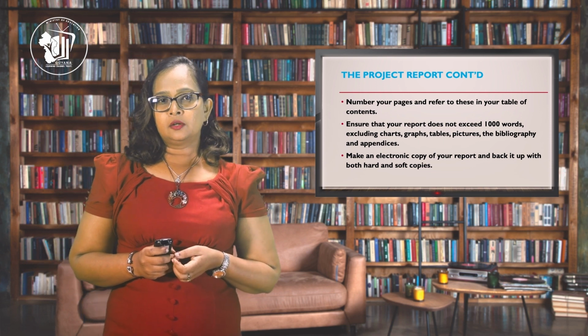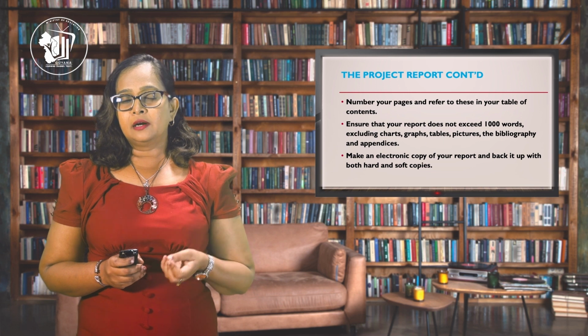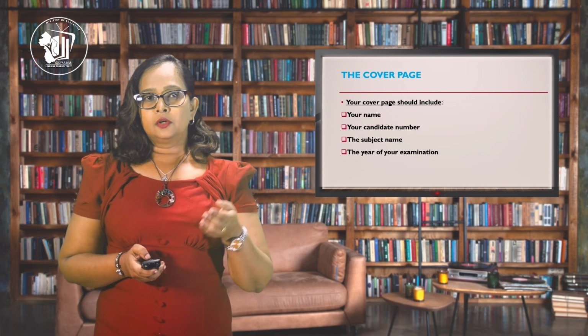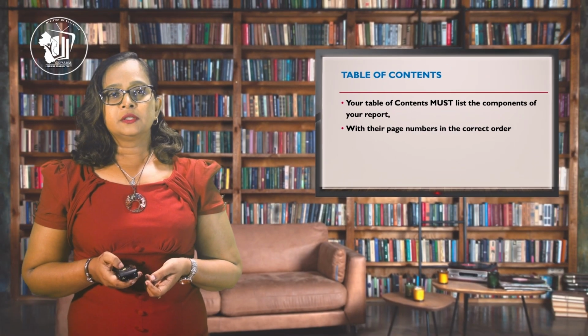Make an electronic copy of your report and back it up with both hard and soft copies. Your cover page should include your name, your candidate number, the subject name, the year of your examination. The table of contents.